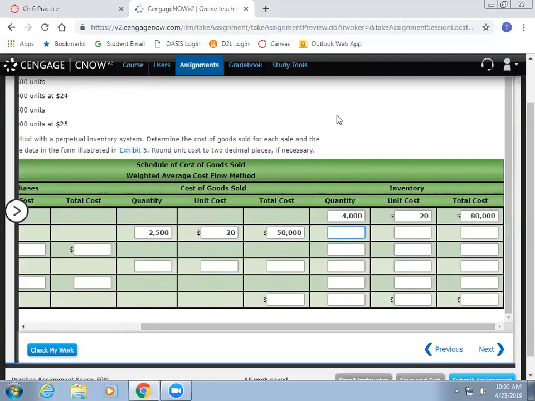We had 4,000, we sold 2,500, so 1,500 are left at $20 each, for a total cost of $30,000. Again, that's the same under any method that we use.